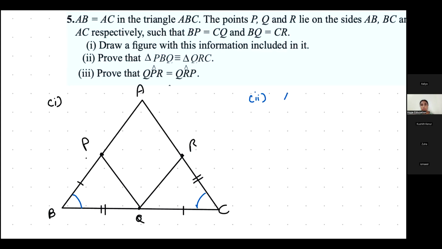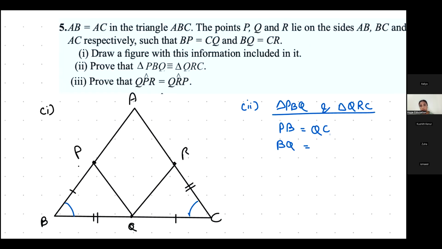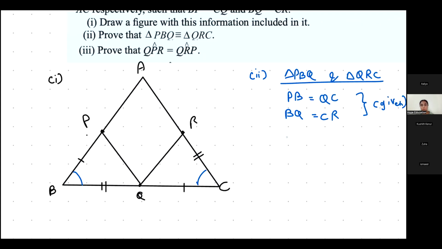Let's write the triangles PBQ and QRC. So PB equals QC and BQ equals CR. They have given that, no? So I'll write the reason as given. Angles PBQ equals QCR.